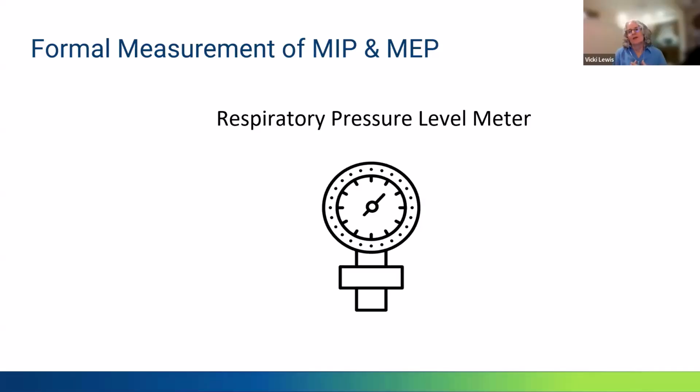So let's talk a little bit about where do we start and how do we do this? And for some of you listening, you may already be aware of all of these things, but we can get formal measurements of a patient's maximum inspiratory pressure or maximum expiratory pressure if we have some type of respiratory device that will measure pressures.